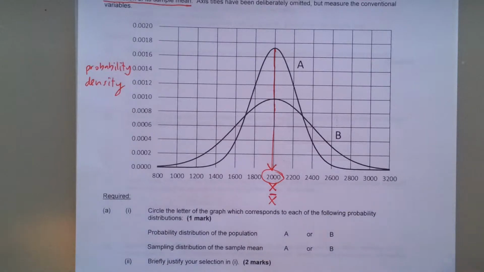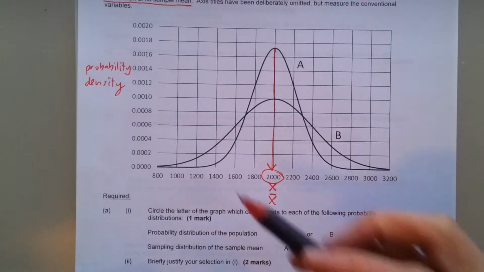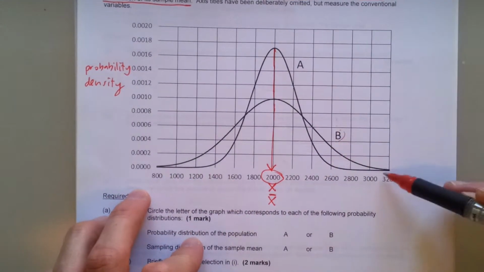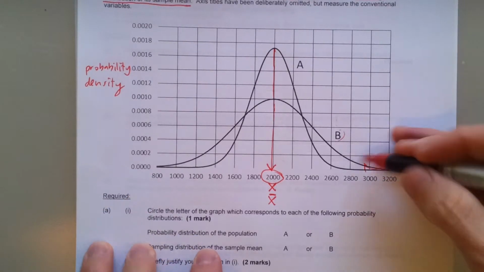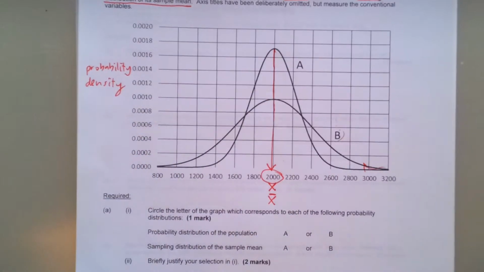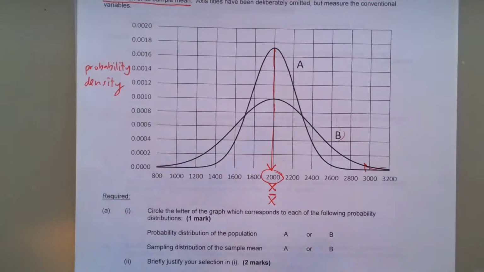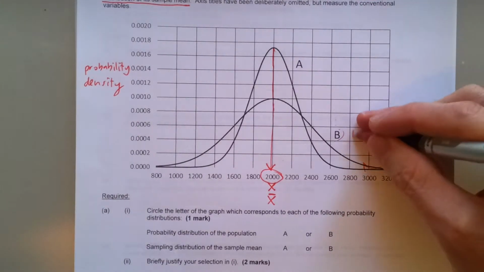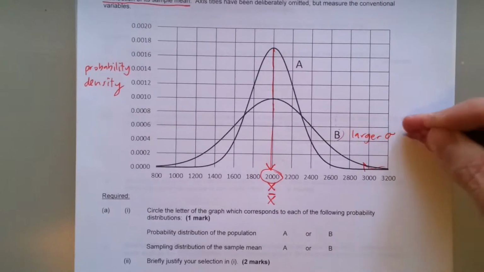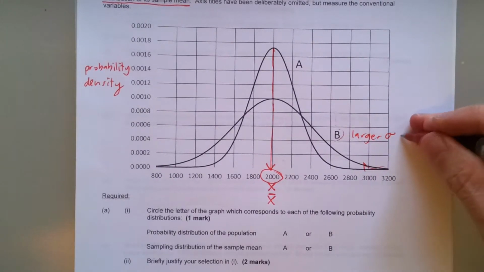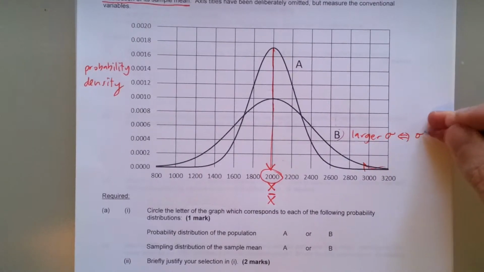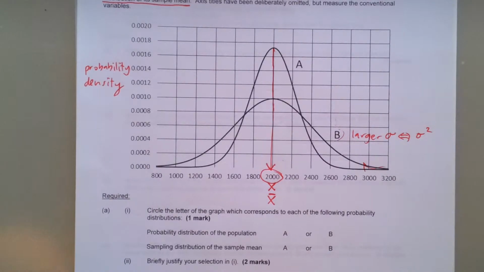And what's different about them then is that B is a little bit more spread out than A. So it has a larger dispersion, and this would be consistent with B having larger standard deviation, which is equivalent to having larger variance.